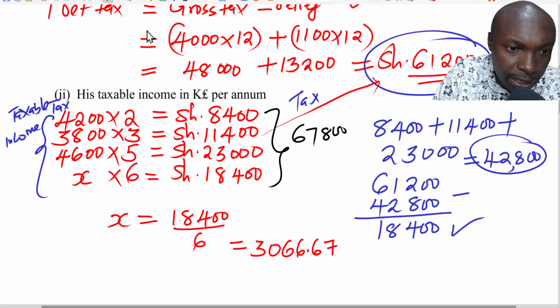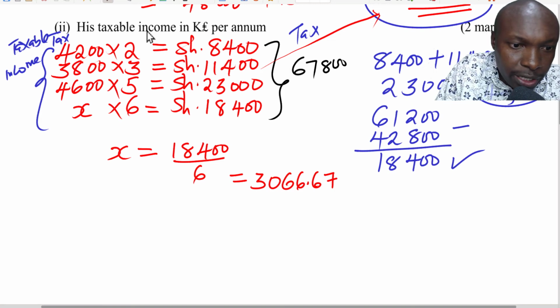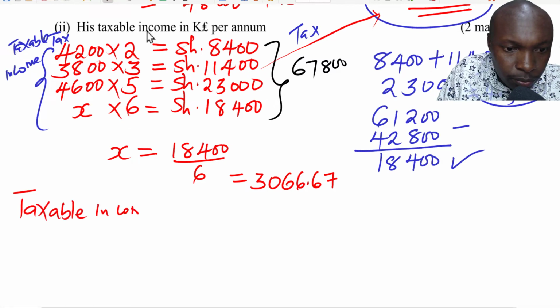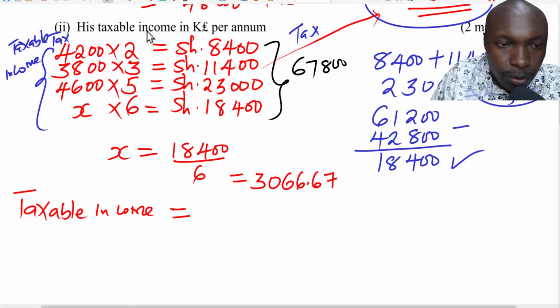Now this is how you're going to get the taxable income. I need to be very careful here. Taxable income is going to be obtained by beginning from the first one.